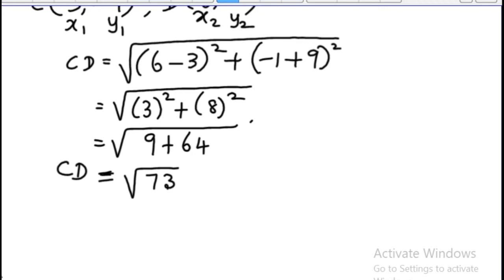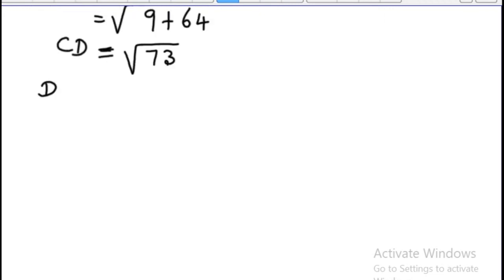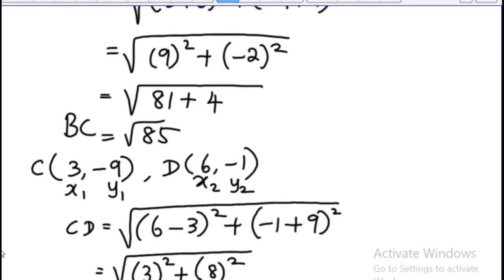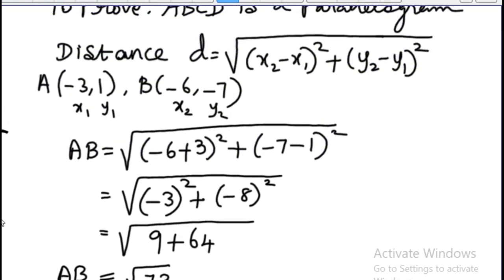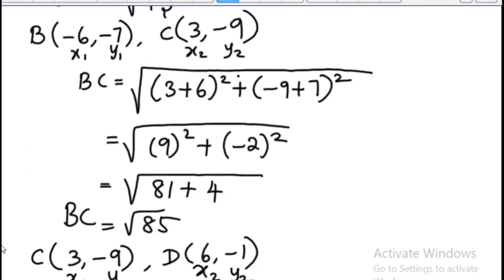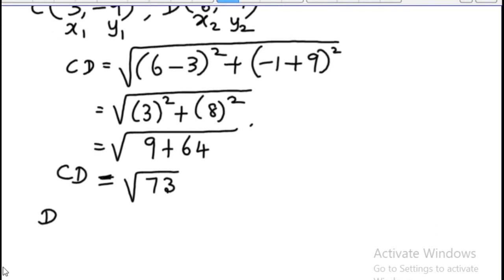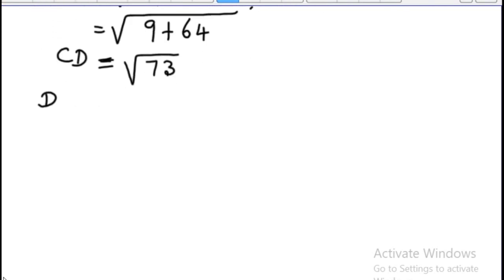Then next we want to find DA, after AB, BC, CD and DA. D is the point (6, -1) and A is the point (-3, 1).